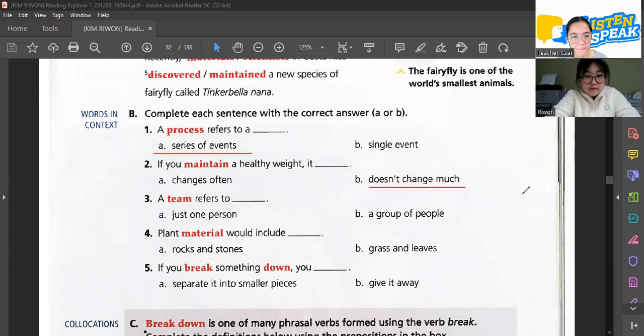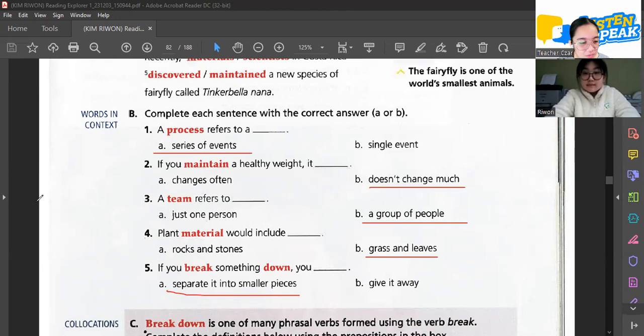A team refers to a group of people. Plant material would include grass and leaves. If you break something down, you separate it into smaller pieces. Very good. Okay, you all got the correct answers.